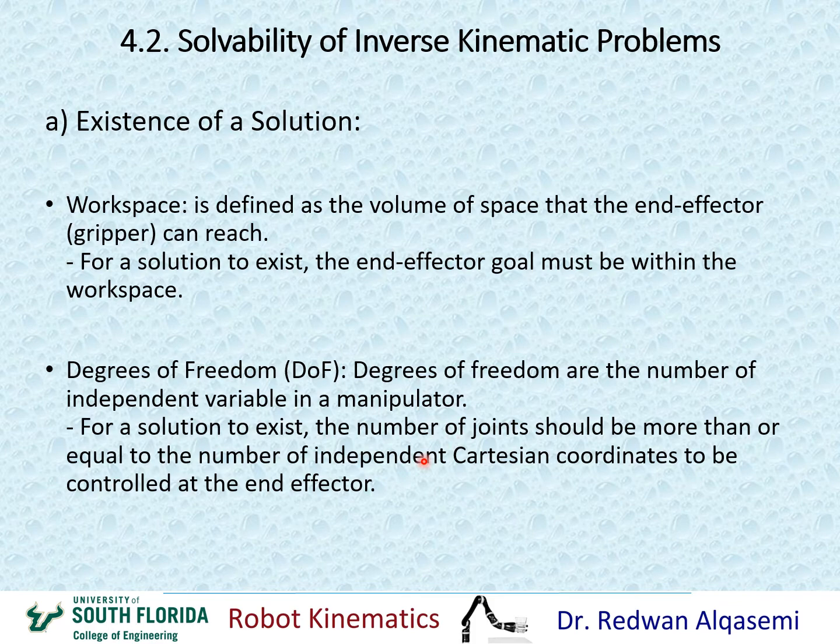I can only control 3 Cartesian coordinates at the end effector. In the case of a planar robot, I may have 3 revolute joints in a plane. And in this case, I can only control the x, y, and the rotation about z at the end effector. So for a solution to exist, the number of joints must be equal to or more than the number of Cartesian coordinates that I would need to control.